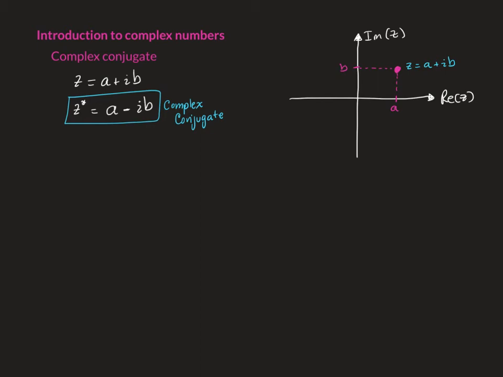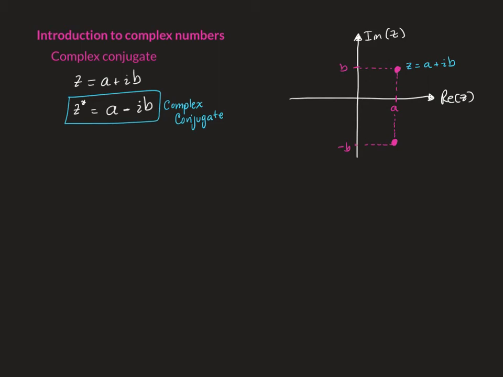So, for example, here we have a complex number z equals a plus ib. The complex conjugate of this value z would be a reflection of this number around the x-axis. So instead of having coordinates a, b, it will have coordinates a, minus b.